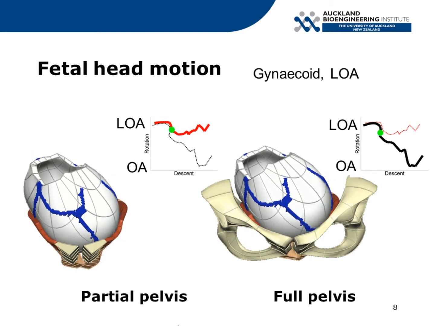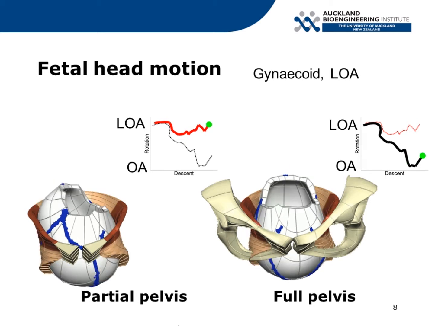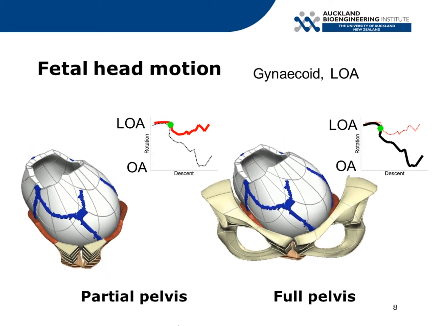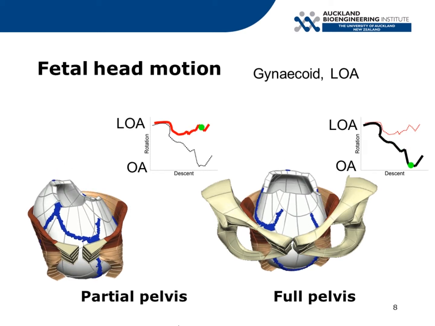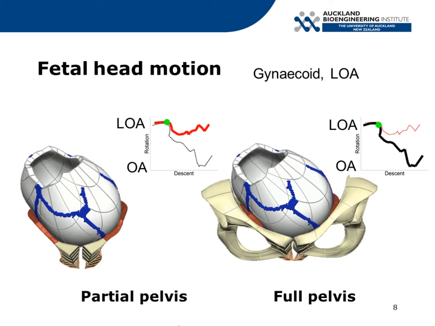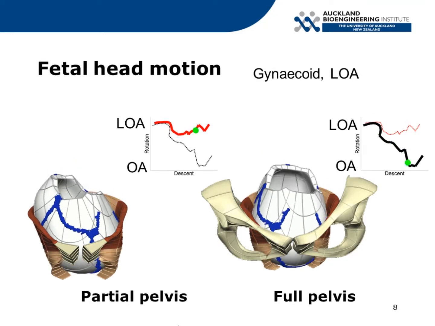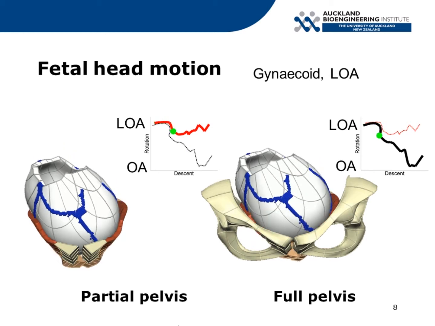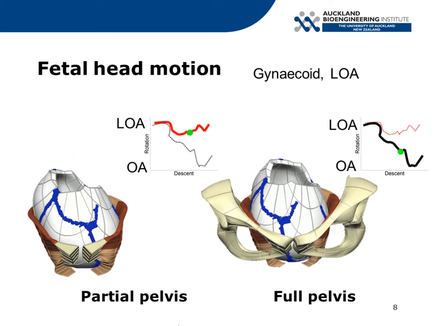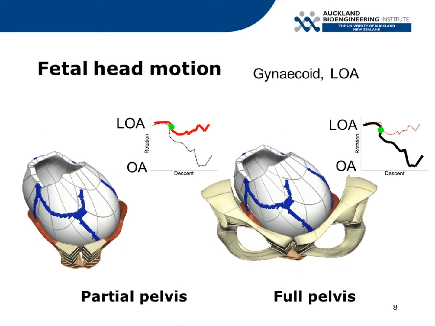Here is an example simulation. It's a gynaecoid subject starting with the most common left occiput anterior position. The red graph is the fetal head rotation profile in the partial pelvis model, and the black line is for the full pelvis. The green dot marks the current position of the fetal head in the synchronized movie.